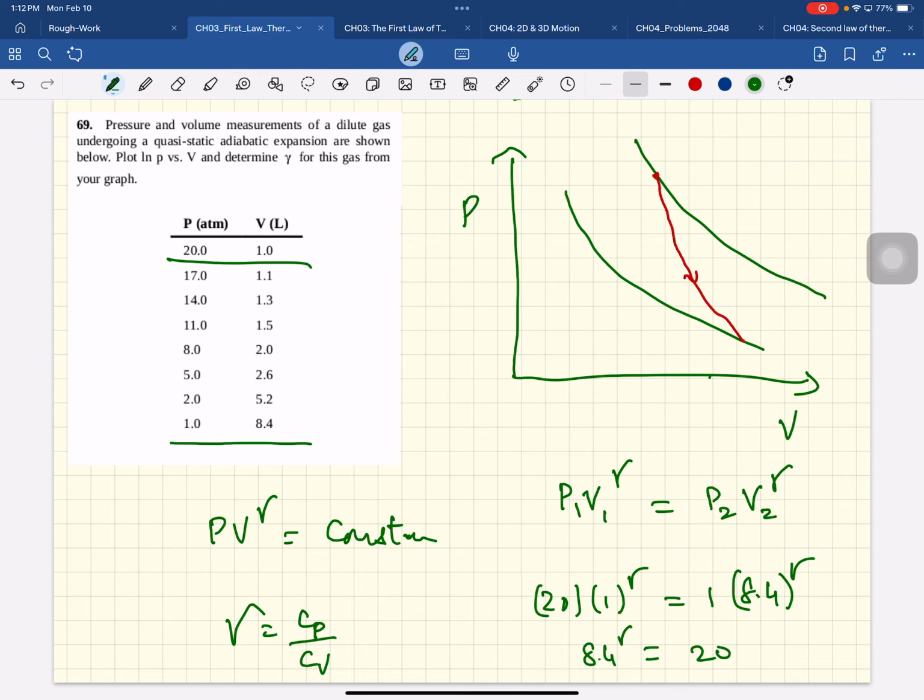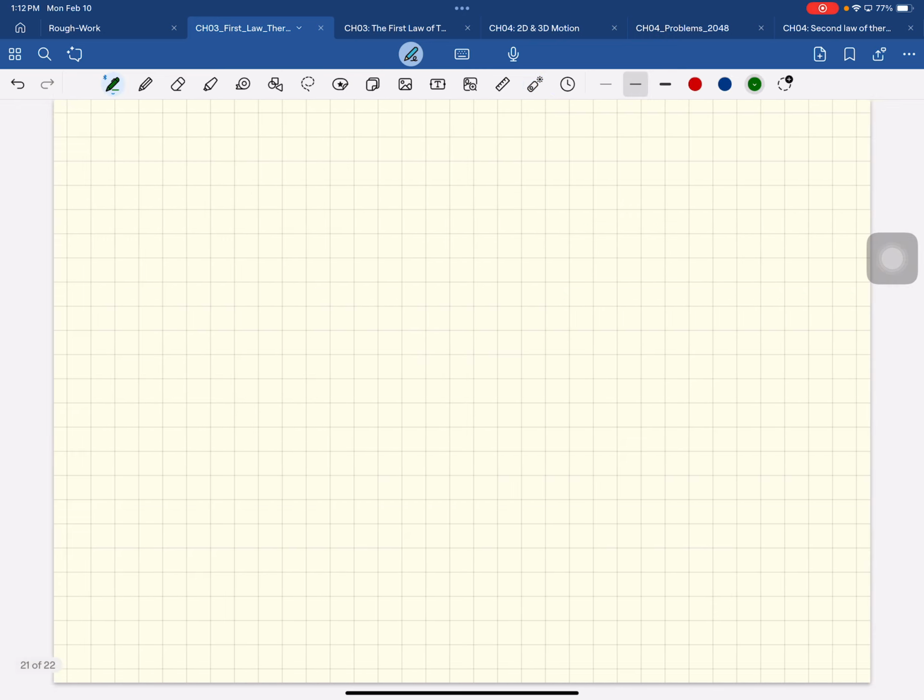And whenever you want to solve for something in the exponent, what is it that you do? Yep, exactly. So you'll take the log of both sides. So log, doesn't matter what base you take it to, gamma log 8.4 equal to log 20.